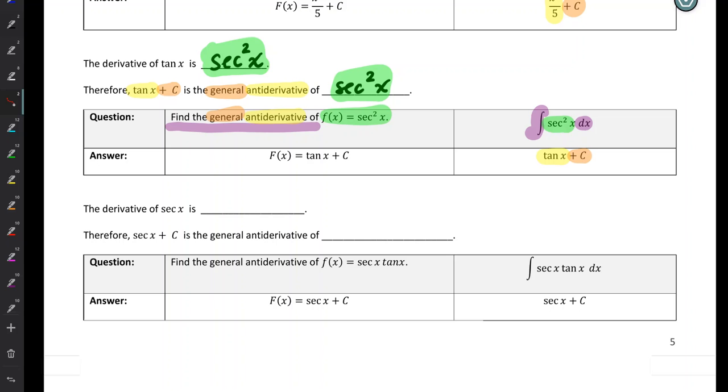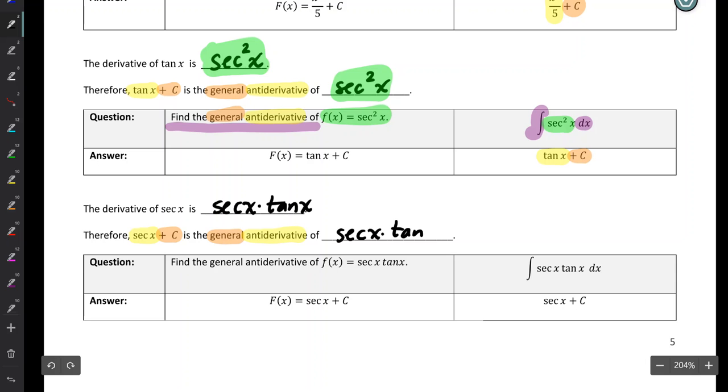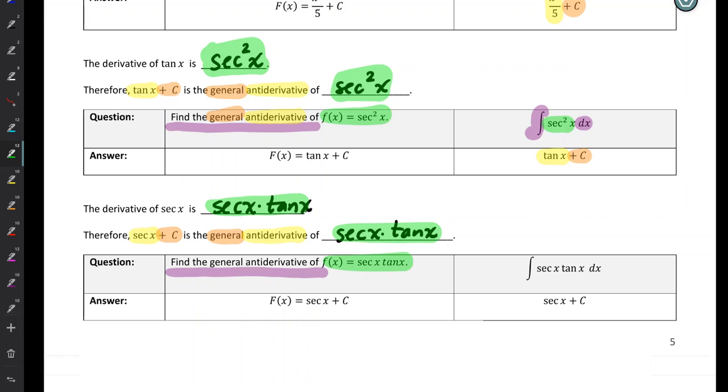Just one more. The derivative of secant is secant x times tangent x. Then secant x plus c is got to be the general antiderivative of what function? Of secant times tangent. All right? We've been asking you to undifferentiate, to work backwards, by writing this in English: find the general antiderivative of secant times tangent.